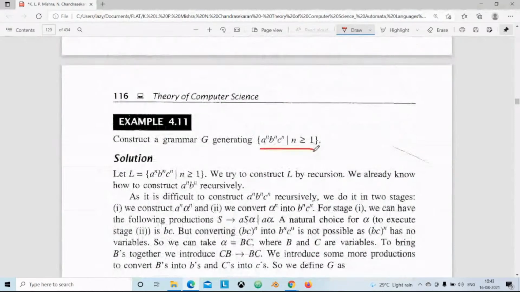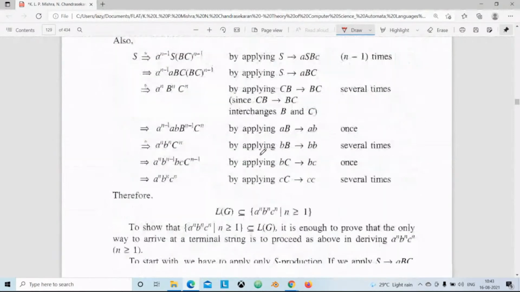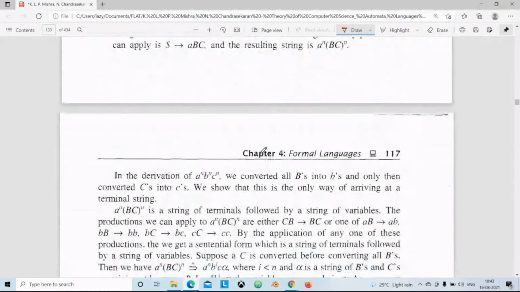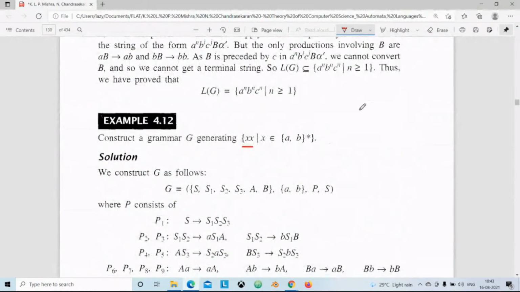Here a to the power n, b to the power n, c to the power n, and this is extended. So you can see x means this is a copy of whatever you have. Let's suppose a, then a; b, then b. So that is how we can generate that. And x is not necessarily a b, it can be any combination.